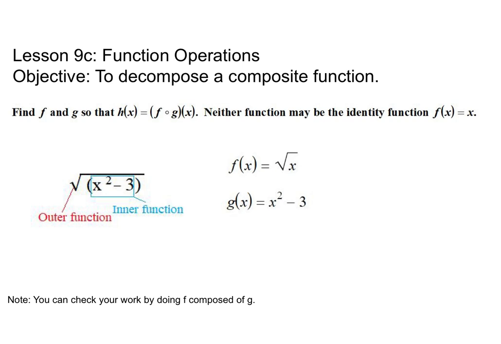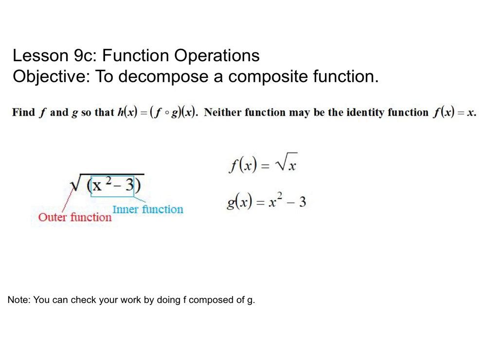So if I am given the function square root of x squared minus 3, the outer function is the square root and the inner function is x squared minus 3. I want to take out the inner function and just leave x.